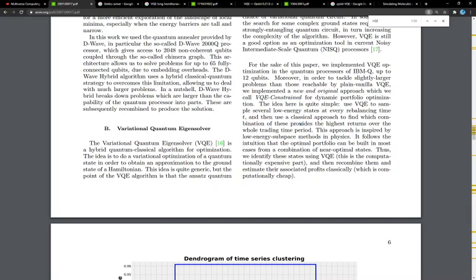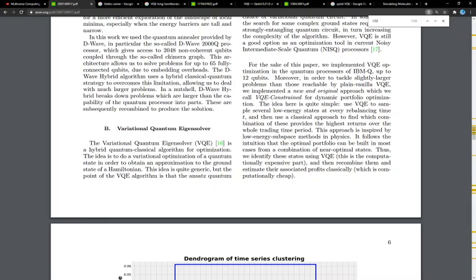Do they say, for all these runs of VQE, are we always using the same type of subset? I'm assuming they're taking a subset of the assets, doing VQE to sample several low energy states at every rebalancing time, then using a classical approach to find the best combination.